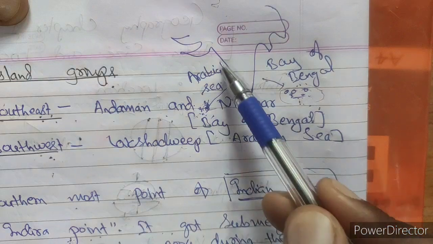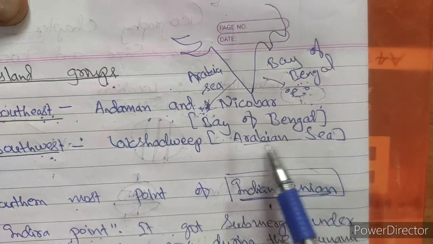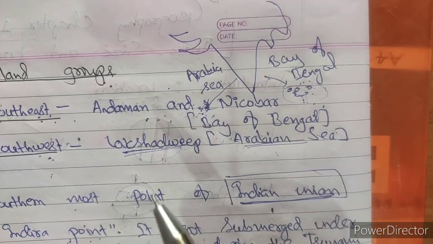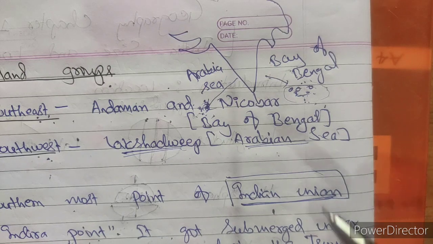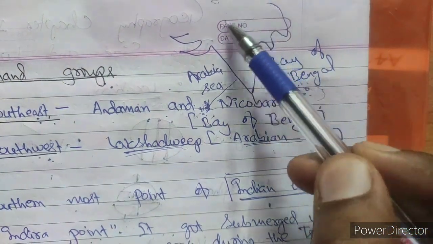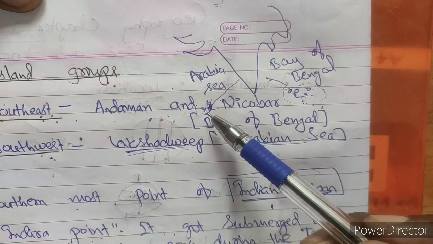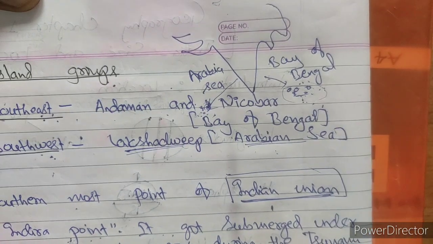This side of India is the southwest, where the Arabian Sea is. In the Arabian Sea, India has Lakshadweep. In this way, the island groups are also part of the Indian Union, because the Indian mainland is related to them. The Indian Union includes its islands also, Lakshadweep and Andaman and Nicobar.